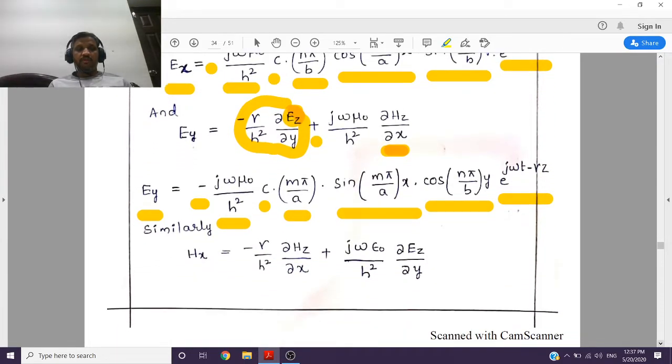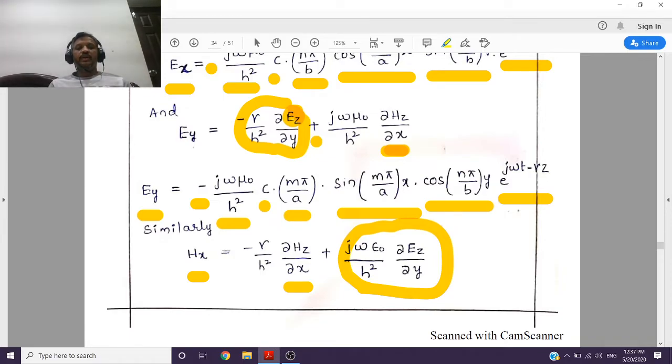That is Ey. Next, I'll be coming to hx, which is minus gamma by h square dou hz by dou x. That means here you have to differentiate again with respect to x. This will be anyway 0 because Ez is 0. That means minus gamma by h square into dou by dou x of this hz expression.